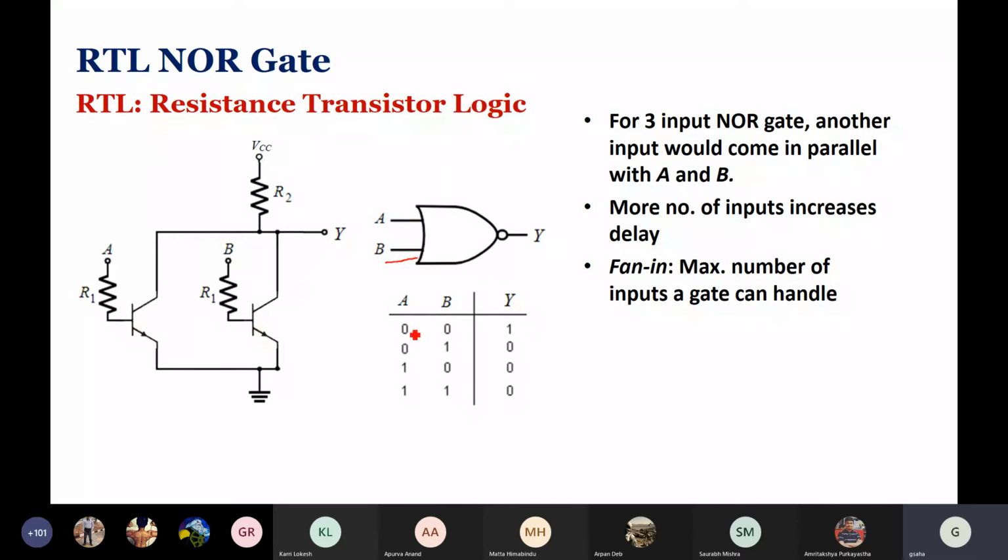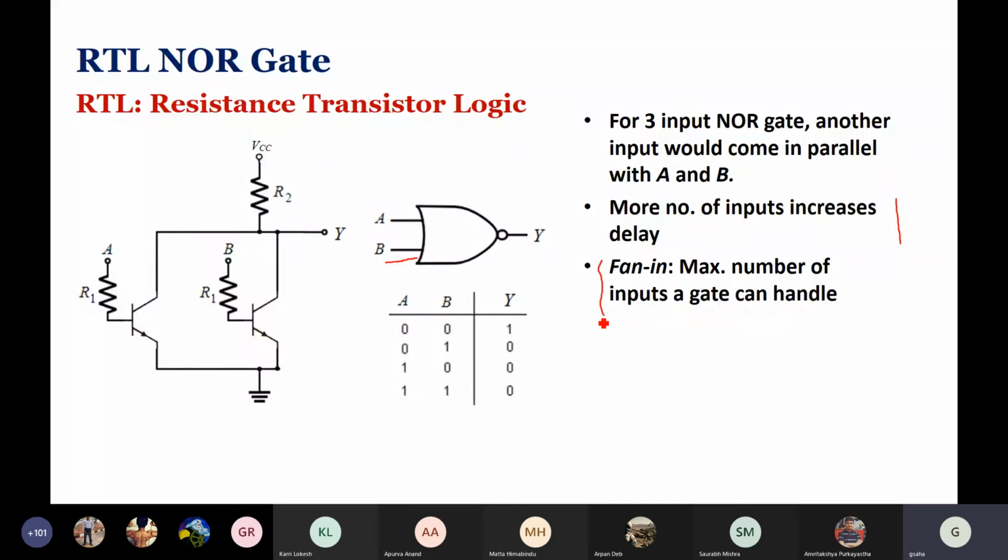And if you do it, you will find that the response time, the propagation delay time, we are not analyzing it. It is left to those of you who are interested to look at that. There will be a certain amount of performance degradation in terms of the delay associated with the circuit. And fan-in is something which I told you about. As we have fan-out, we also have fan-in.